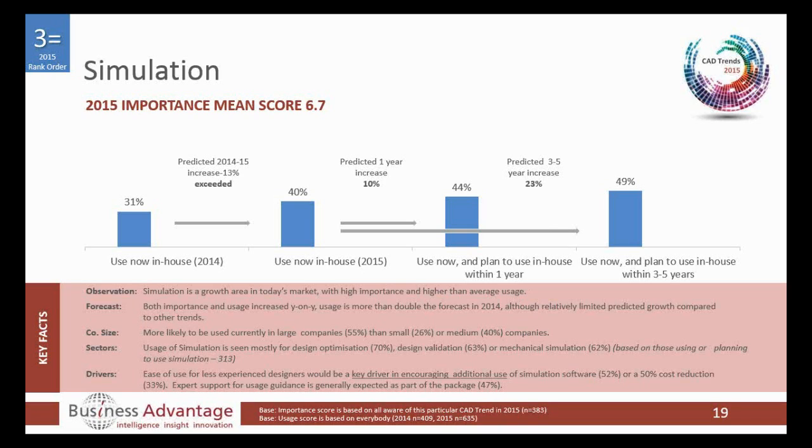One of the key things is the provision of an expert support service for usage guidance is generally expected as part of the package, and this is seen as a key area really where simulation solution vendors can add real value. The manufacturing sector is predicted to rise by 13% in the longer term, 3 to 5 years. AEC's usage is predicted to grow by almost 60% in the same time frame, but it's an absolute level of usage, so it's still likely to be half of that seen in the manufacturing sector.